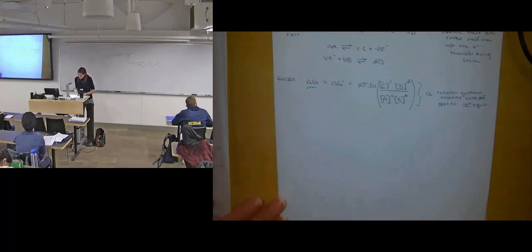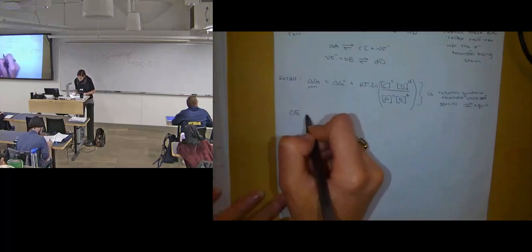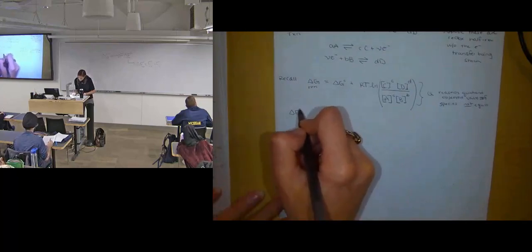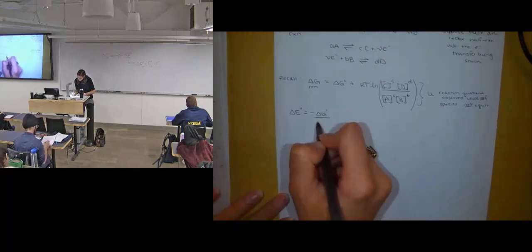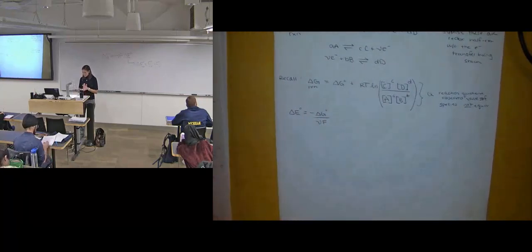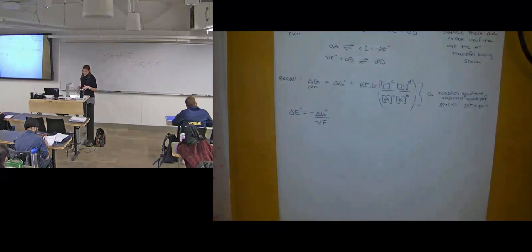So then we had written earlier on the last sheet of notes a relationship that looked like this. It was negative delta G over nF. Before this top piece, we just had the equilibrium piece in there, okay? That was RT, the natural log of the equilibrium constant.